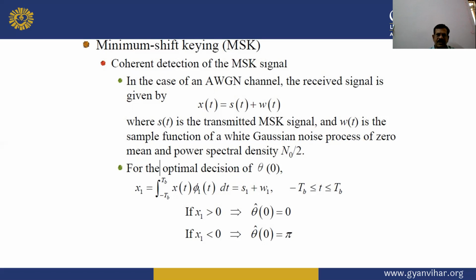For the optimal decision of theta 0, x1 equal to integration from minus TB to TB of x(t) phi 1(t) dt equal to s1 plus w1, when t is between minus TB and TB. If x1 is greater than 0, then theta 0 will be 0, and if x1 is less than 0, then theta 0 will be pi.